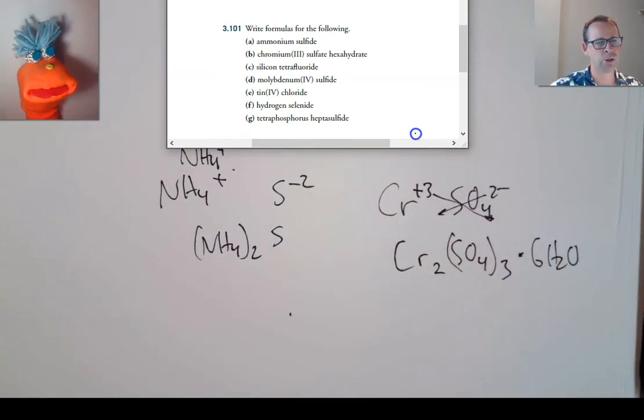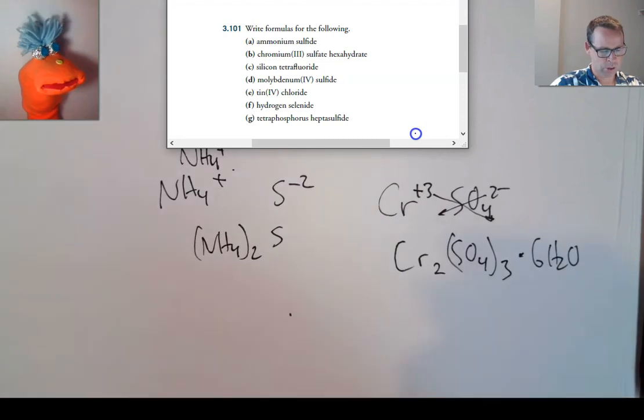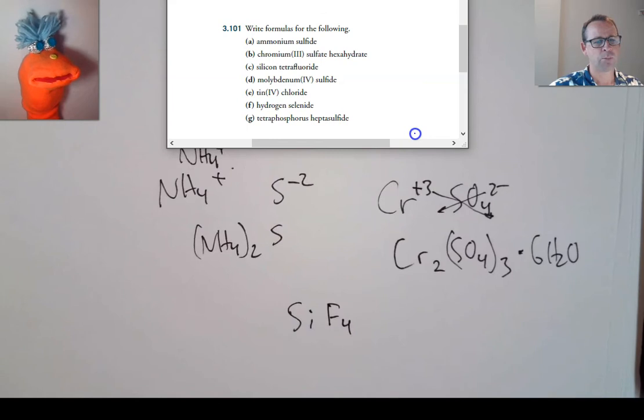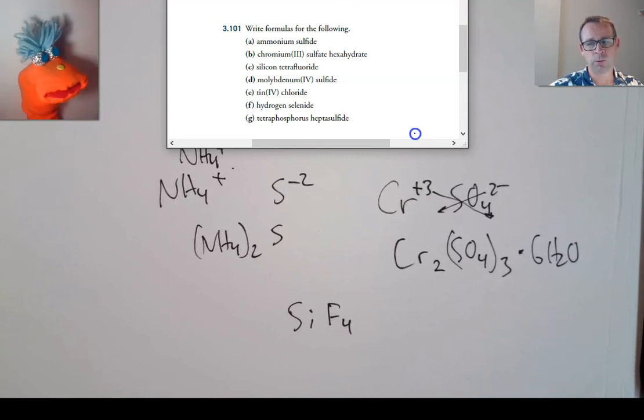Okay, next is silicon tetrafluoride. That's easy. SiF4. Very good. Molecular compound, right? Yeah. Molybdenum, what is that number? 4? Yeah, molybdenum 4 sulfide. Where's molybdenum? It's element 42.